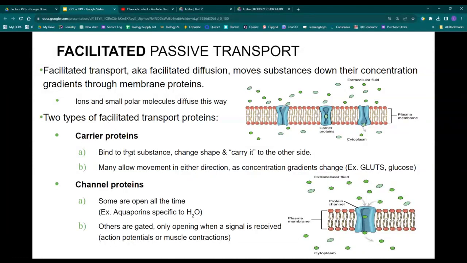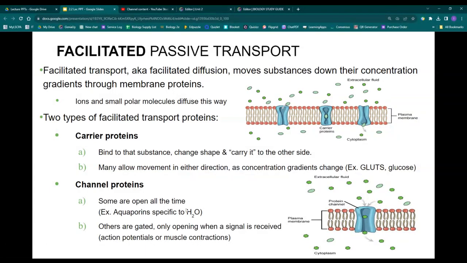So carrier proteins are going to bind to that substance and change shape to be able to carry it. It may allow movement in either direction, but it still uses the concentration gradient. So we're still going from an area of high concentration to an area of low concentration, but it's going to kind of manipulate its shape. So the protein is actually changing shape.